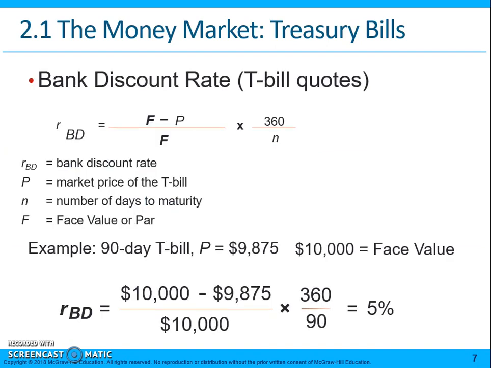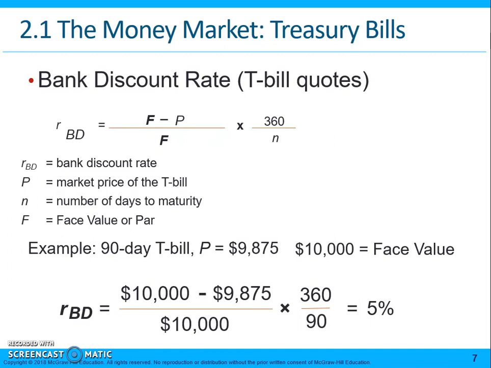Calculations: we can calculate the bank discount rate on a Treasury bill. R_BD is the bank discount rate. F refers to face value, P refers to the price of the security, and N refers to the number of days.